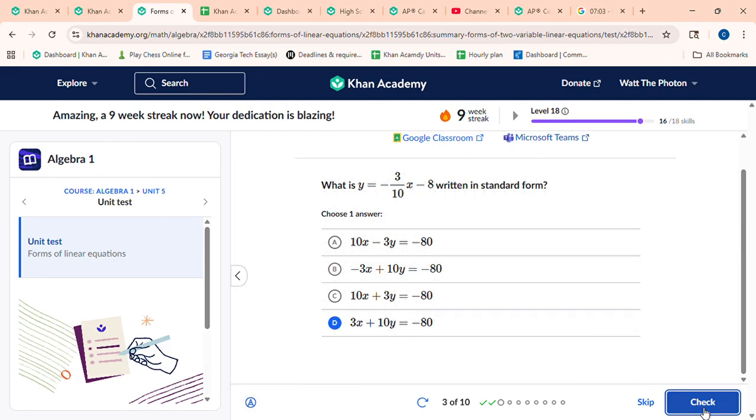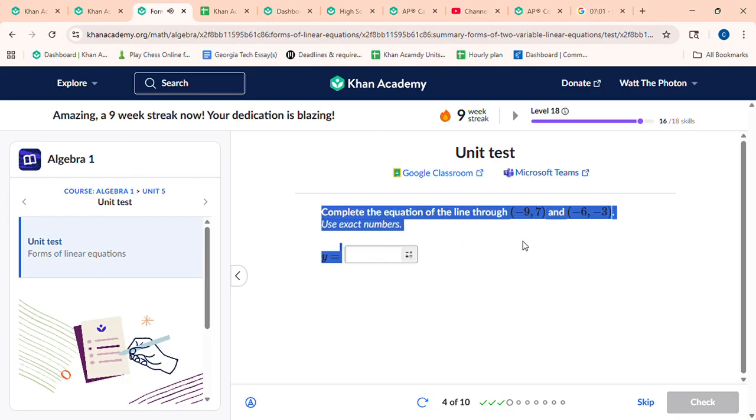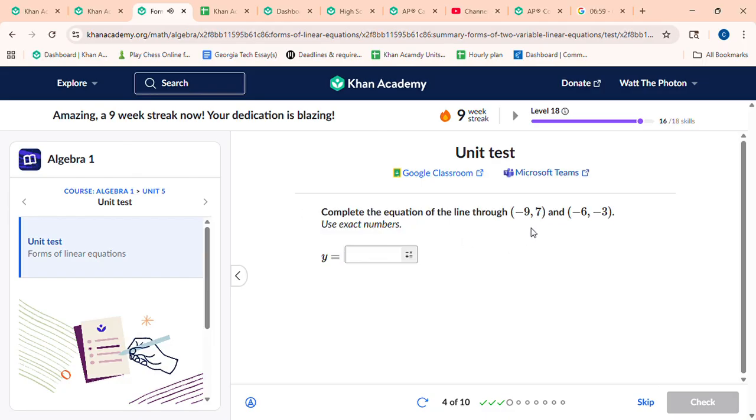There we go. Complete the equation to these numbers. Okay, so we have our run is 3, our rise, it's actually a decline, our rise is negative 10. So we get negative 10 over 3. Rise over run.